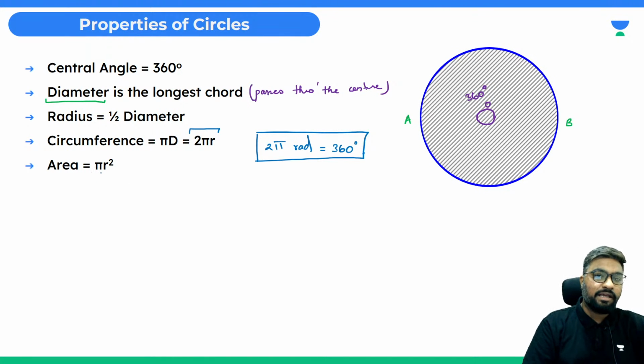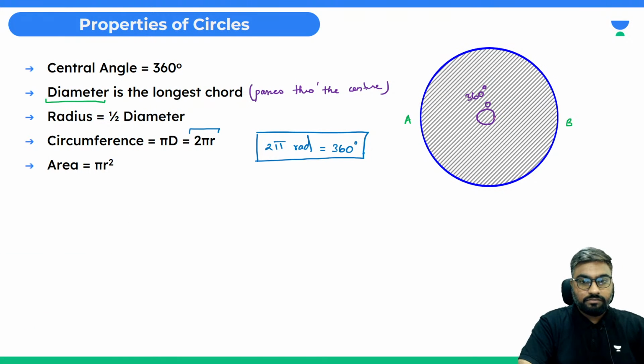What is this pi? This pi is again what? 180 degrees. Because the radius, if you look at this and this, they'll rotate 180 degrees to cover the entire thing. This is radius, this is radius. समझ में आ रहा है? Radius 180 degrees rotate होगा ये पूरा, तो पूरा सर्कल कवर हो जाएगा.